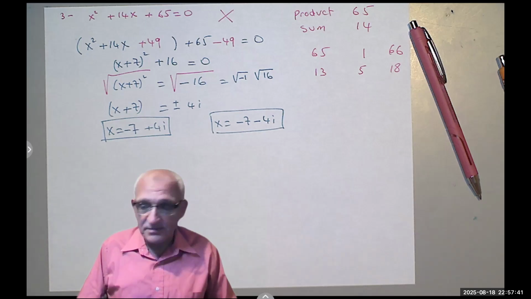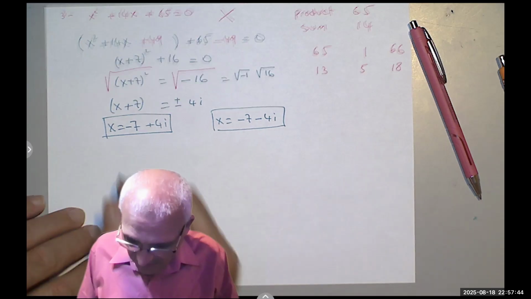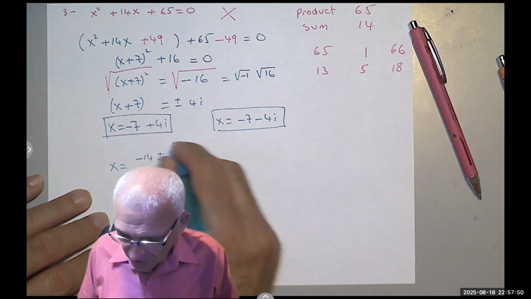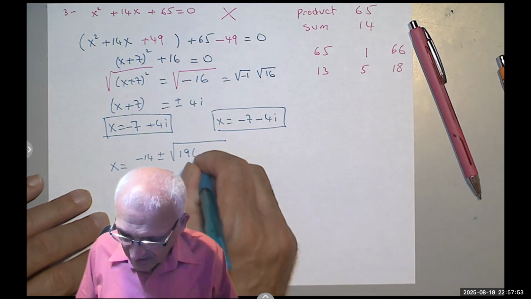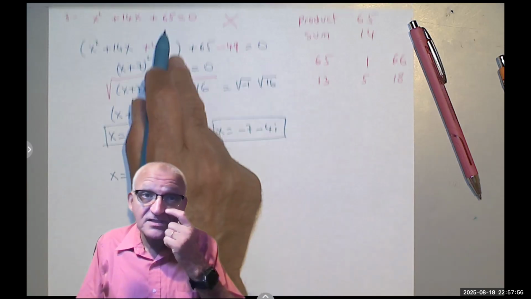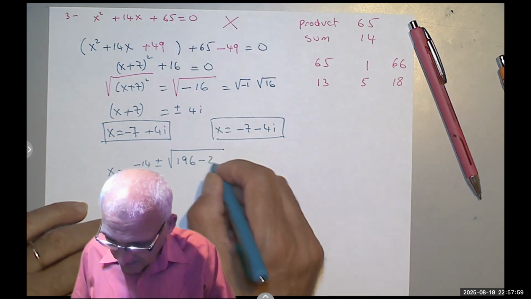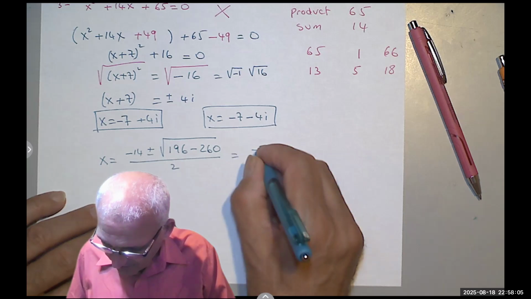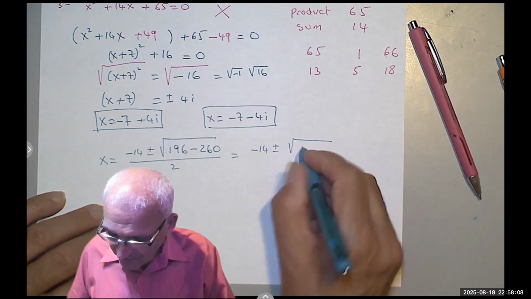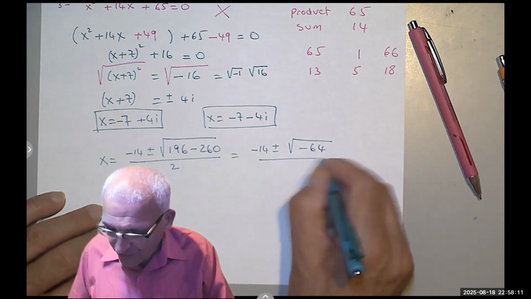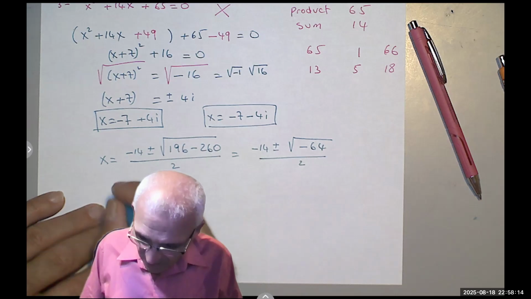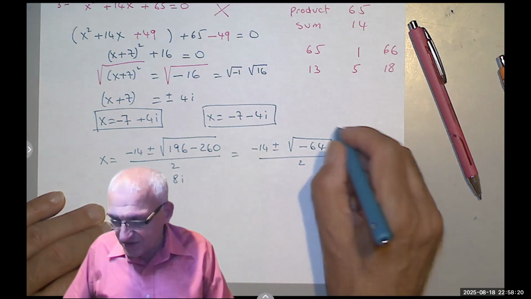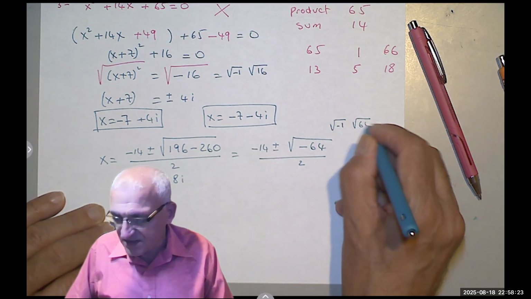That's completing the square. Or you can use the quadratic equation, x equals negative b plus or minus the square root of b squared, which is 196, minus 4 times 65 is 260, over twice a, equals negative 14 plus or minus the square root of negative 64 over 2, equals negative 14 plus or minus 8i, because that is the square root of negative 1 times the square root of 64.